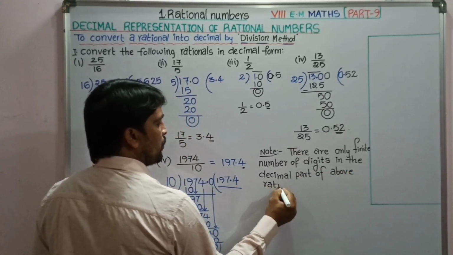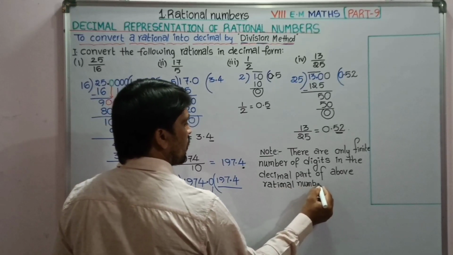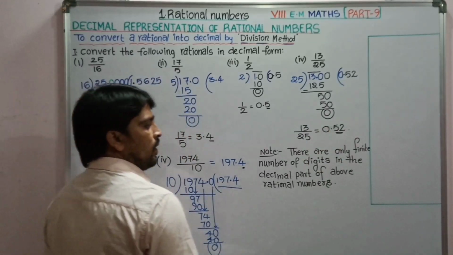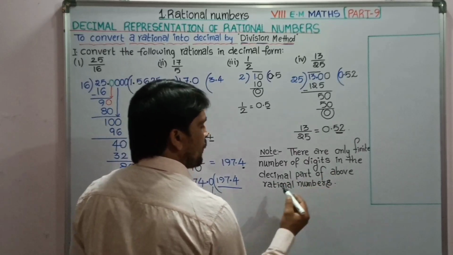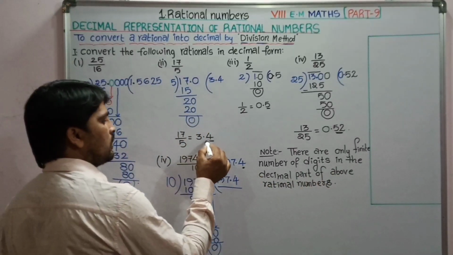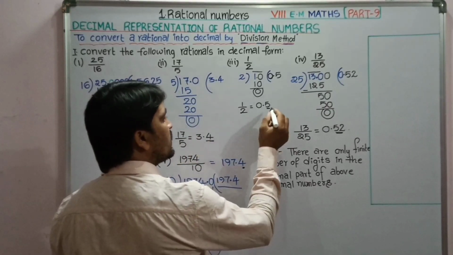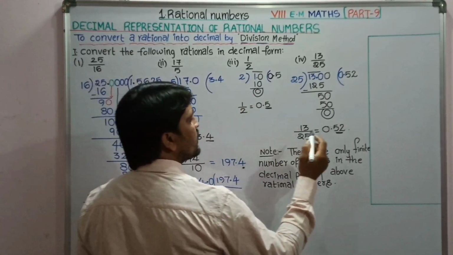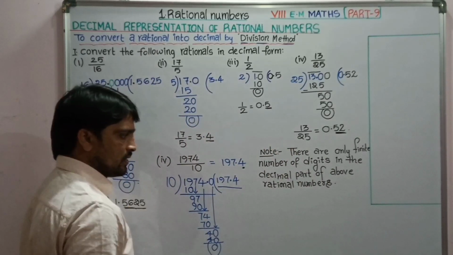Here 4 decimal places, that is finite. Here 1 decimal place, which is countable, so it is finite. The same for the next, and here 2 decimal places, countable, so finite.